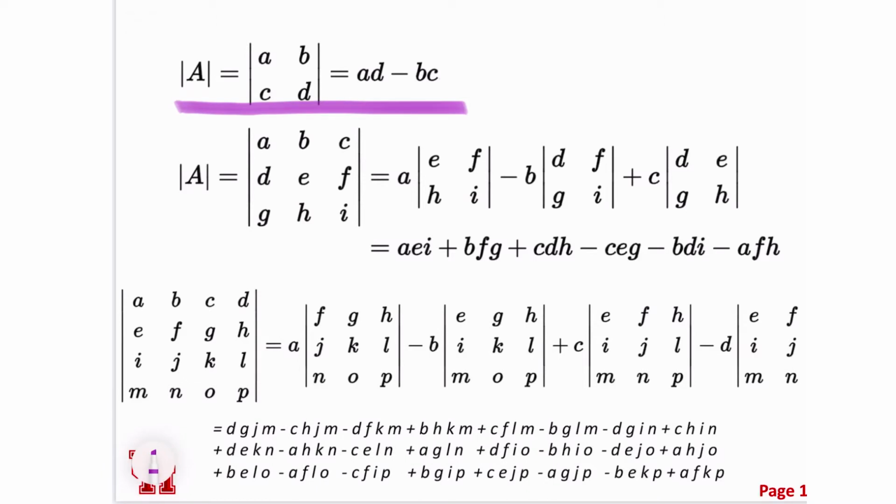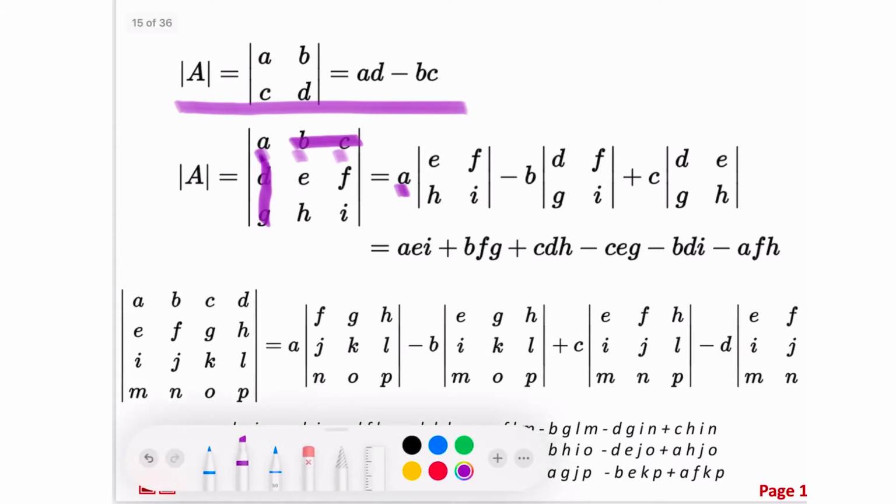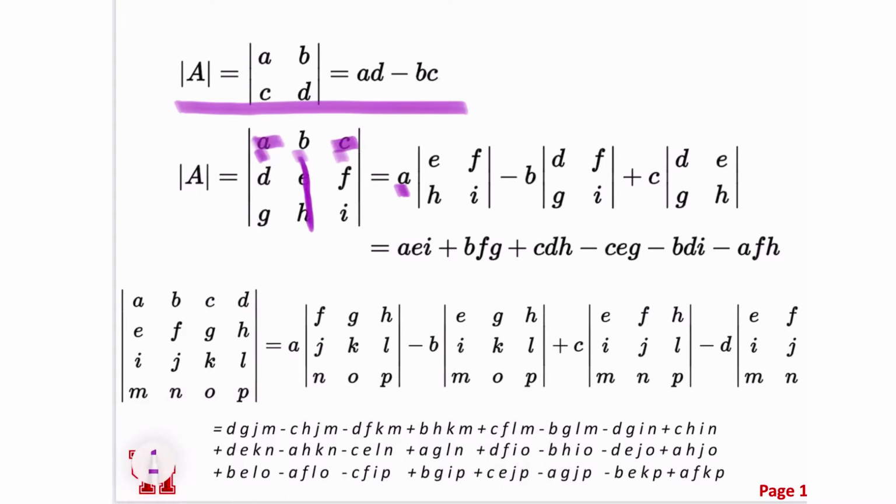If you want to do a 3x3, then what we do is we expand along one row or column of this matrix. Here I'm going to expand along the top row. I take my A, and then I multiply that by the remaining entries. I cross out these entries here, and I just have E F H I, and that's the determinant of that term. Then I go to my next term, which is my B, and I cross out anything next to it.